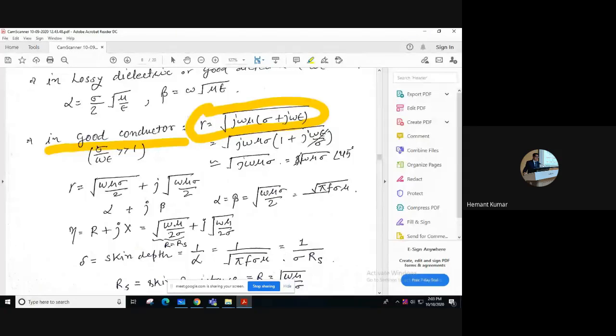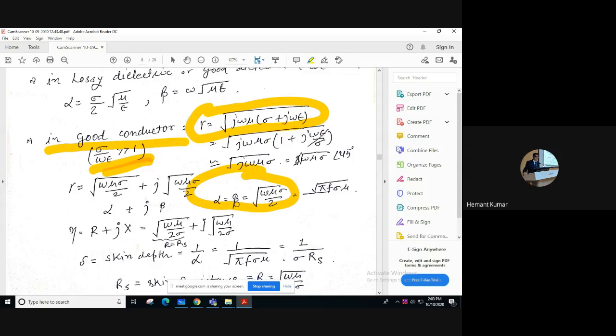In a good conductor, sigma will be very large, so sigma upon omega epsilon will be very large. If you apply this condition and calculate the values, alpha and beta will be equal: alpha equal to beta equal to the square root of pi f sigma mu, right? And alpha is nothing but the attenuation constant.